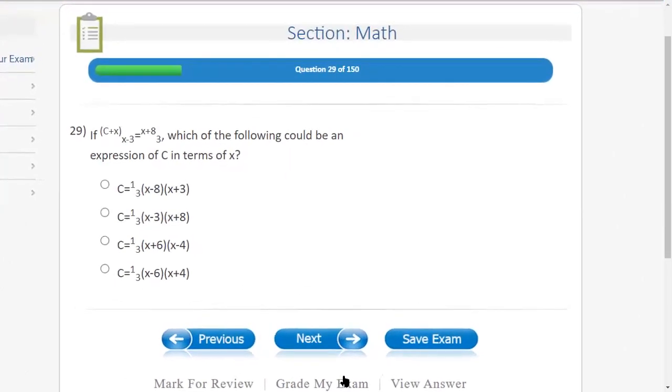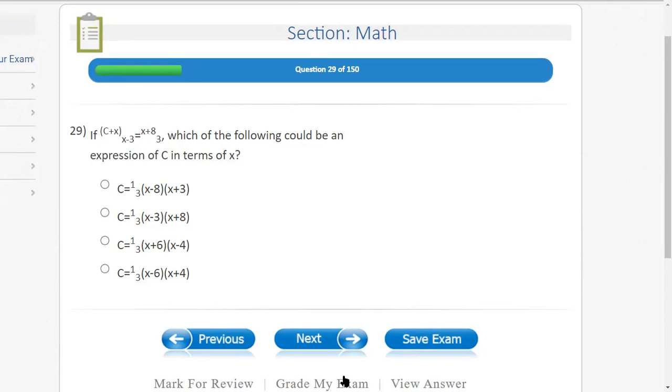All right. If, wait, if C plus X, wait, how is that? Yes, that part. It's what you can say that if C plus X is divided by... What I mean to say is which of the following could be an expression of C in terms of that.